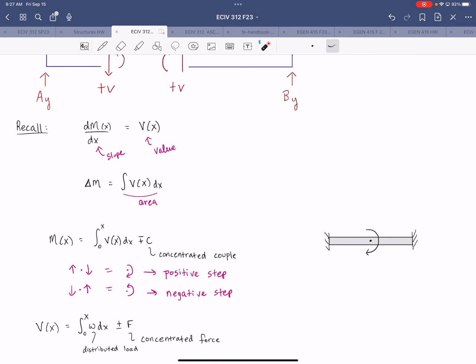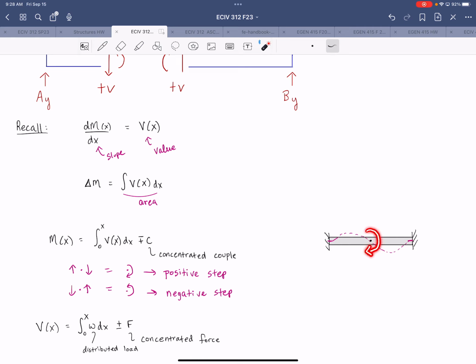So the reason that a clockwise moment generates a positive step in your moment diagram is because if we consider a beam segment, all right, where you have such a thing, a clockwise moment at a point, if we think about the deflected shape that that moment will cause, all right, and we'll consider fixed ends in this case, that deflected shape would look something like this. All right, so the emphasis is really on what's happening at the point.